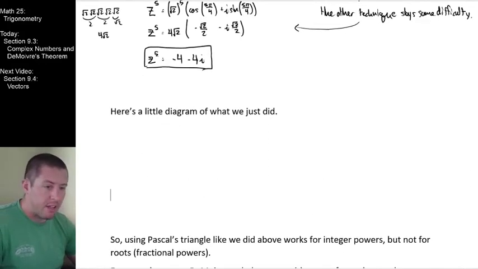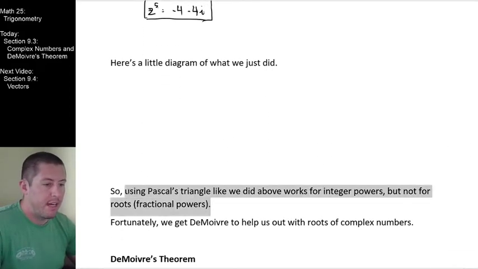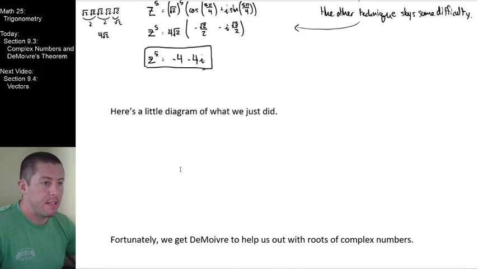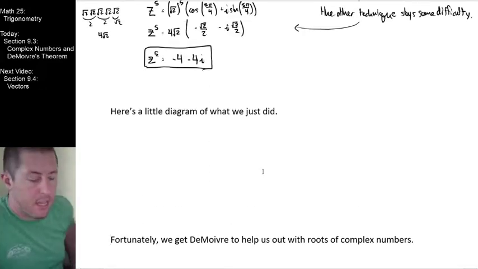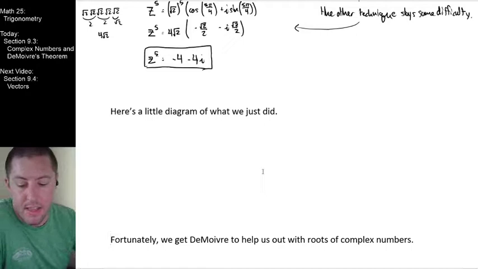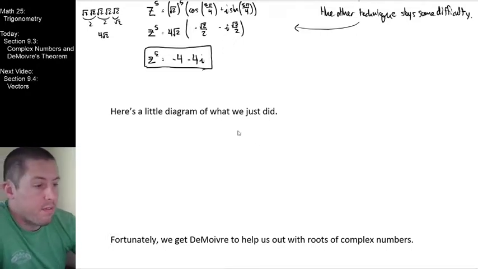So let's take a look at a little diagram of what we did. I'm just going to get rid of that statement right there since I didn't quite do that technique here. So here's kind of what we just did. I'm going to make a sort of mapping of what just happened.